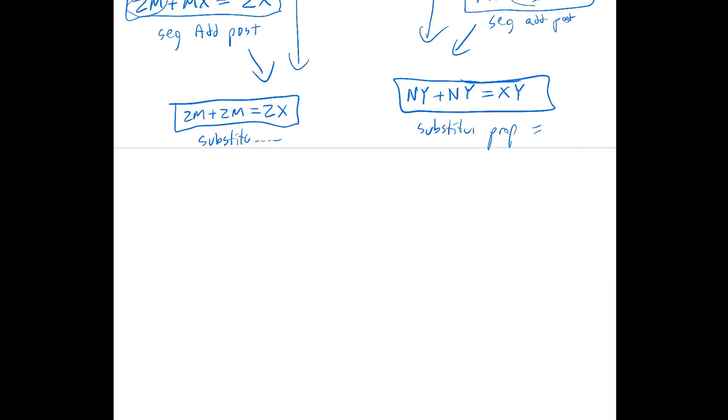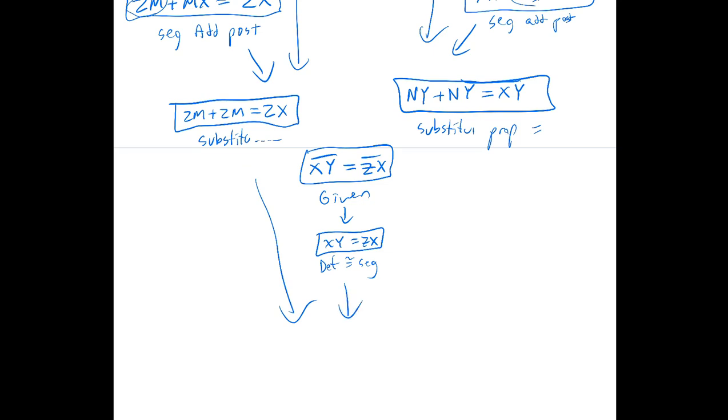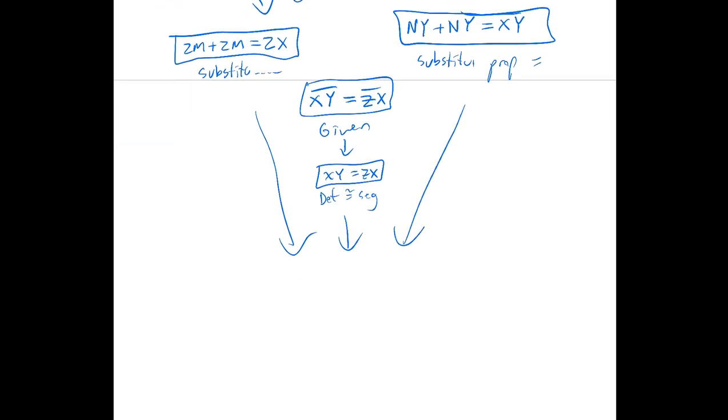All right, so now that we've got that, we're going to bring in this top fact here. We're going to say XY is congruent to ZX. That was given to us, and that means that it's equal. So XY is equal to ZX. Okay, that's the definition of congruent segments. All right, so then we put this together, and using substitution or transitive twice, we end up getting ZM plus ZM is equal to NY plus NY.